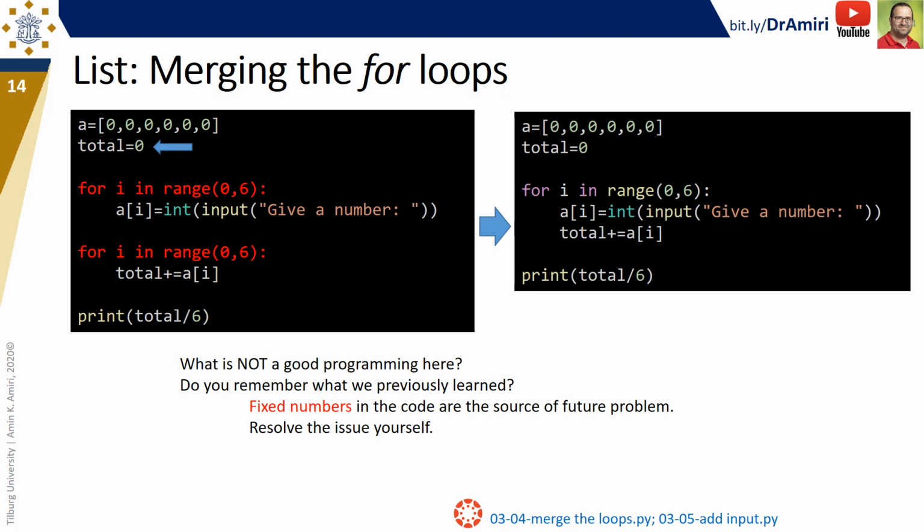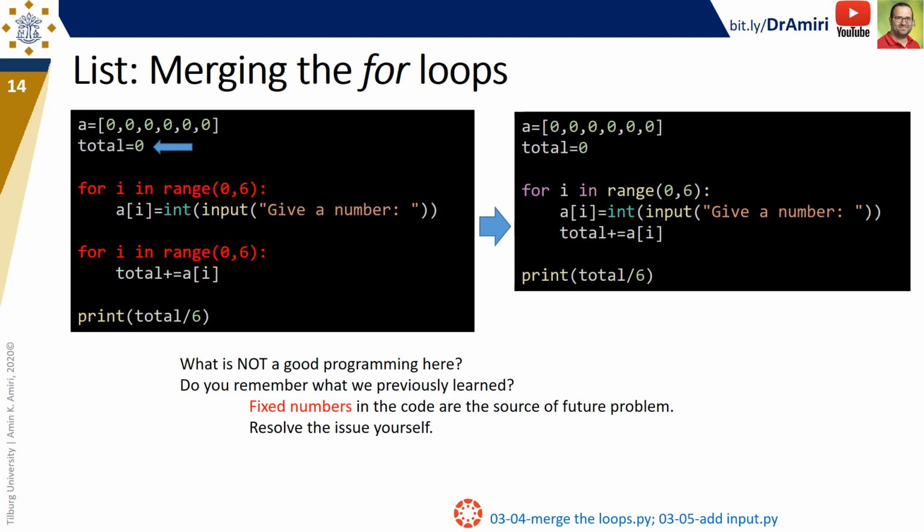Again here, you learned in the previous lecture that it's not good programming to have fixed numbers. You see 6 here as a fixed number in the for statement and in the last statement, which is print total divided by 6. So 6 is repeated 6 times. In a equal to 0, you still have 6 zeros.